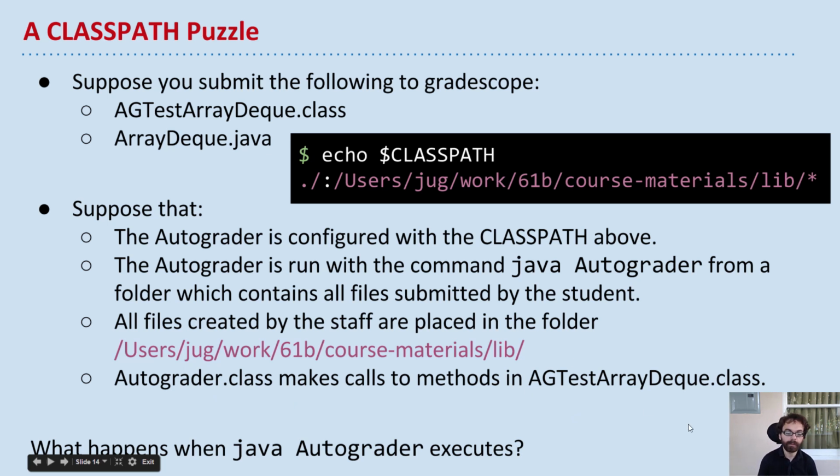The puzzle for you is what happens whenever we do java autograder. Okay? And let's suppose that java autograder is the top level grading script. It coordinates all of the action, makes sure your files compile, all that stuff, and then ultimately reports the results to Gradescope. Okay? So think about that a little bit.